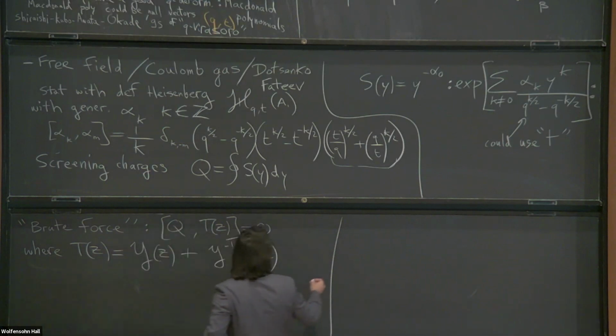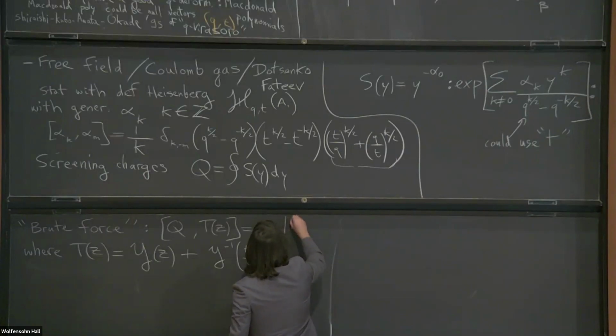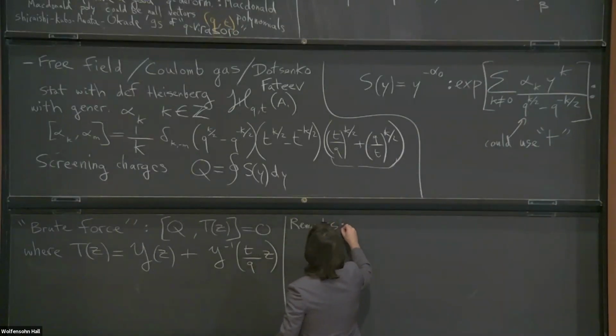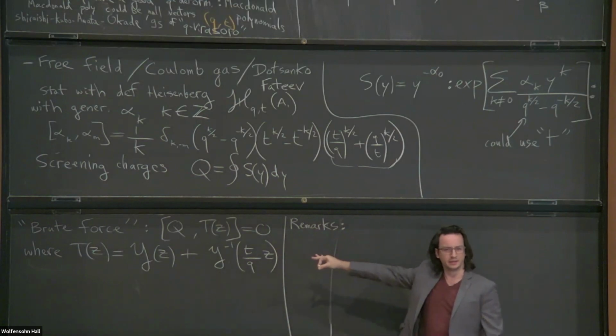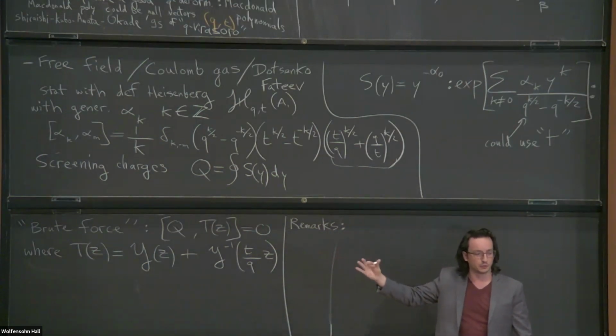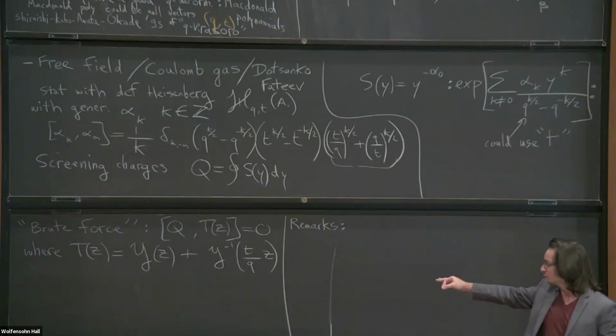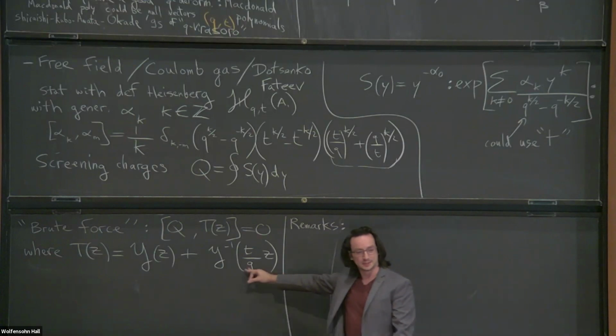So, remarks. Everything here looks a little confusing. This should correspond to somehow the generator of Virasoro. Well, we're looking at the Virasoro stress tensor. This certainly looks very different from the stress tensor in Virasoro.